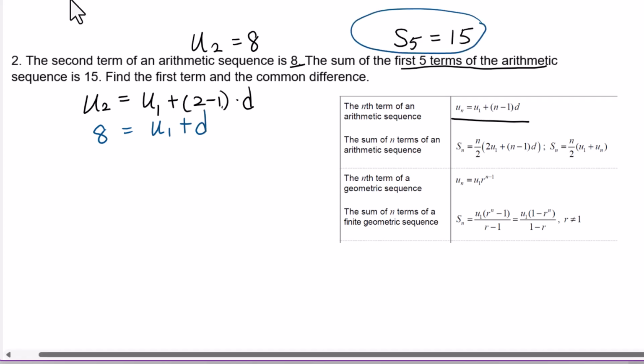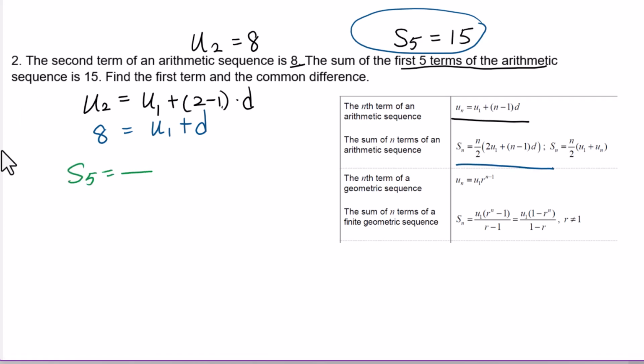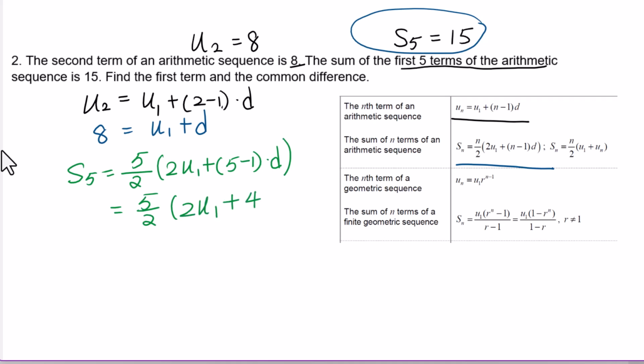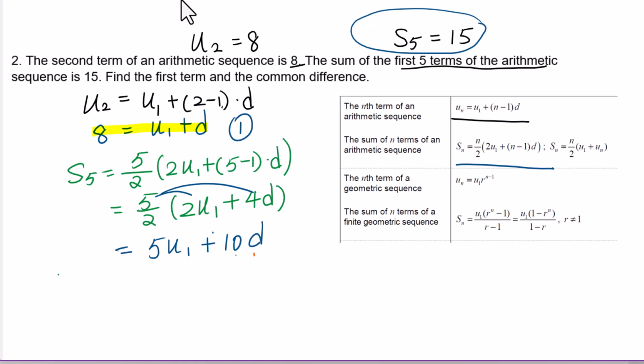S sub 5 equals 15. We will use this formula. So S sub 5 equals 5 over 2 times 2 u sub 1 plus 5 minus 1 times d equals 5 over 2 times 2 u sub 1 plus 4d, which is 5 u sub 1 plus 10d.